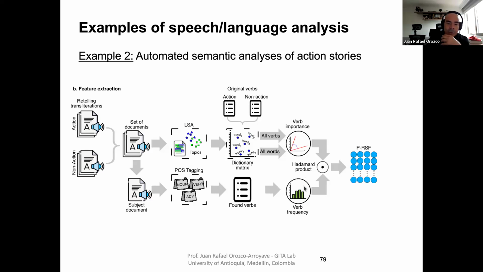Then we did the product of the verb frequency produced by the test patient and the verb importance, and then we created the matrix, what we called proximity to reference semantic field. So trying to measure whether the patient is producing important verbs in the motor case or important verbs in the non-motor case, things like that.